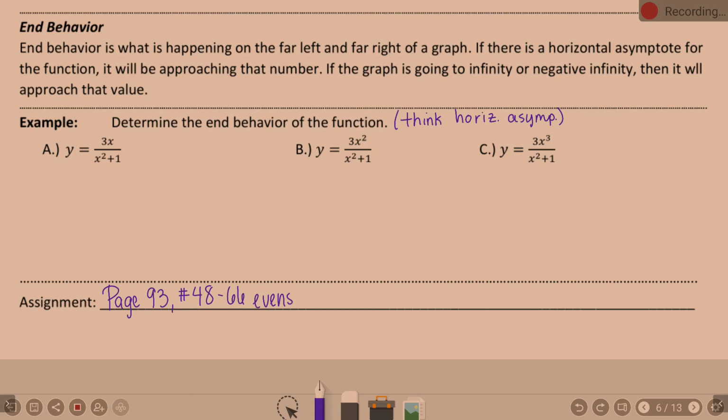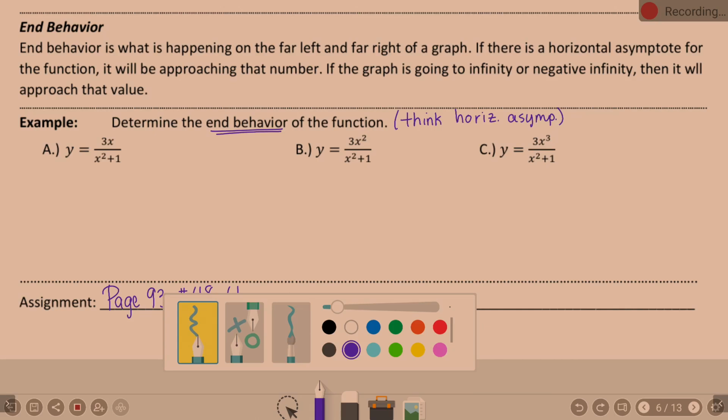Now, look at example A. Y equals 3x over x squared plus 1. We're being asked to determine the end behavior. Thoughts based on the horizontal asymptote rules we talked about yesterday? What do you think, Logan? There is a horizontal asymptote just simply because the biggest power is on bottom. Okay.